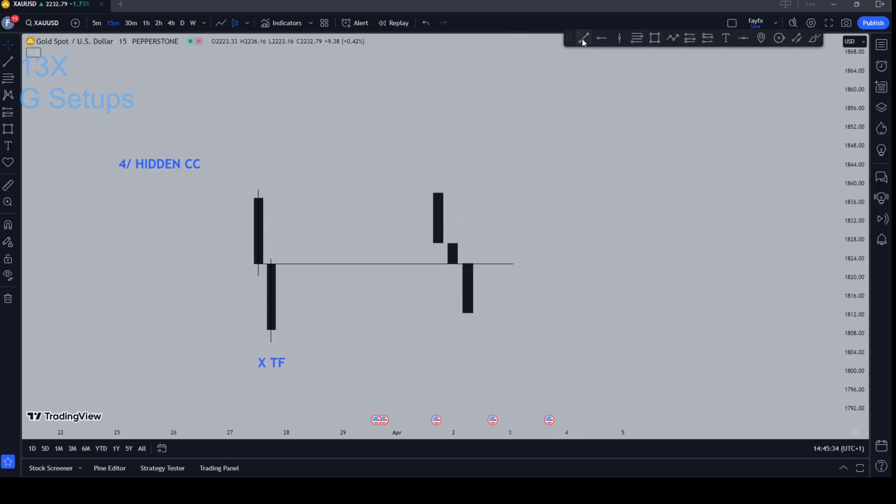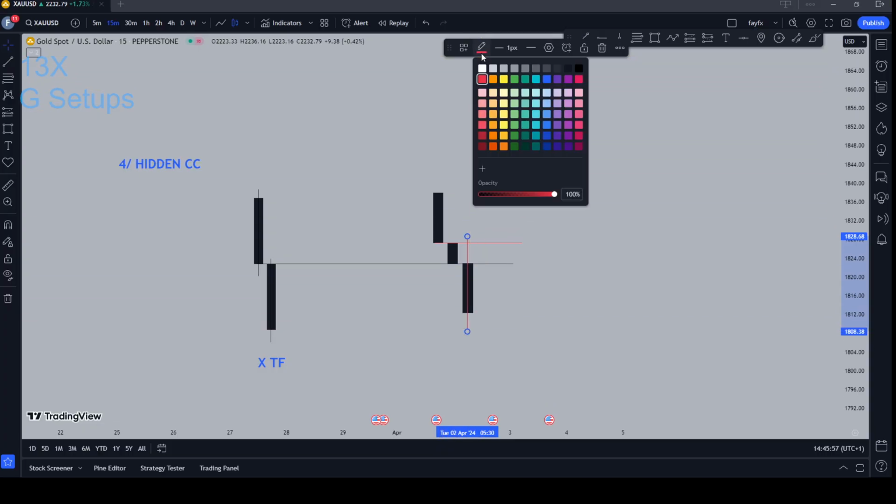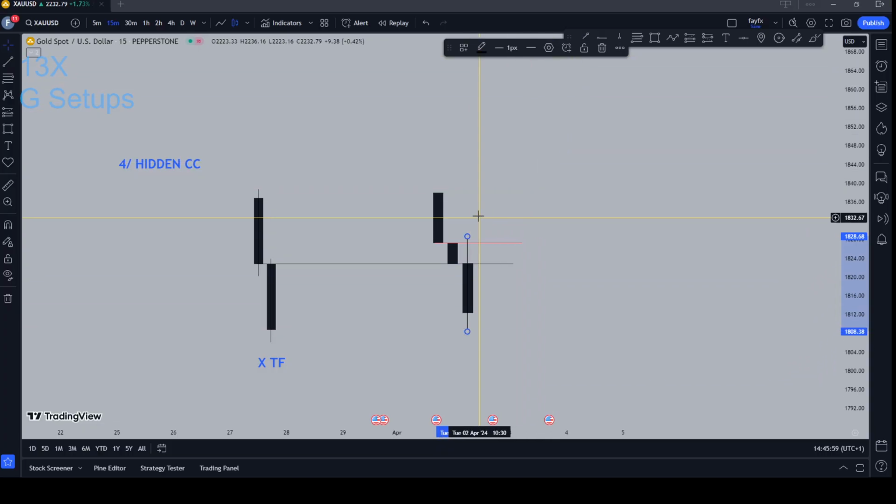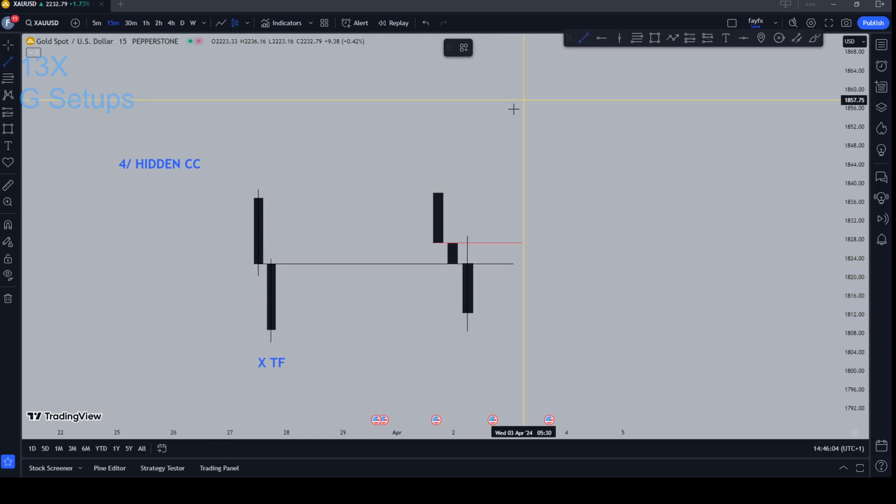But the thing is, there is a hidden CC here, just above for sells and just below for the buys. We're going to find a gap CC just above that level. That's what we call hidden CC.